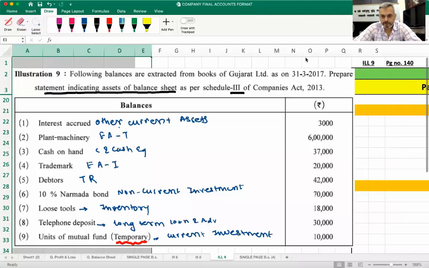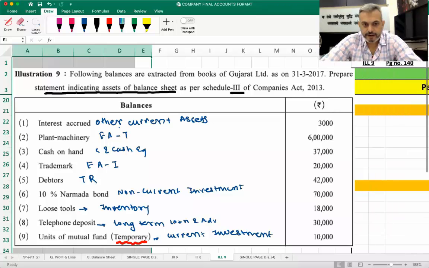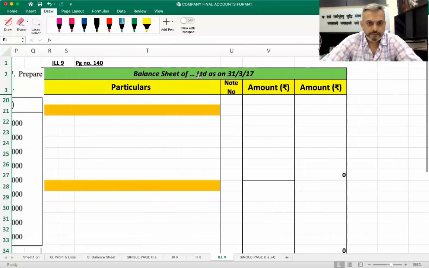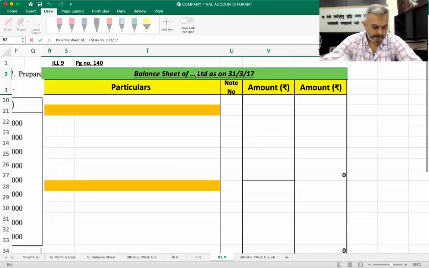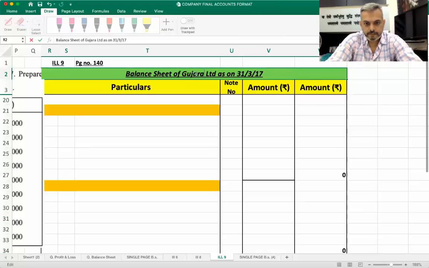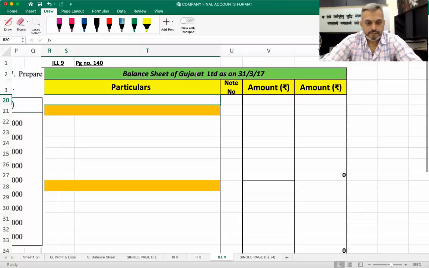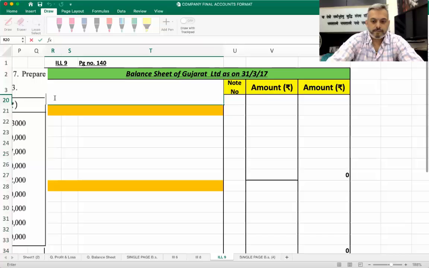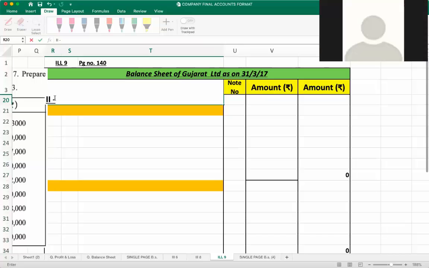Okay, now let's proceed with the main sum. Write the heading. Balance sheet of Gujarat Limited. Okay, now assets.